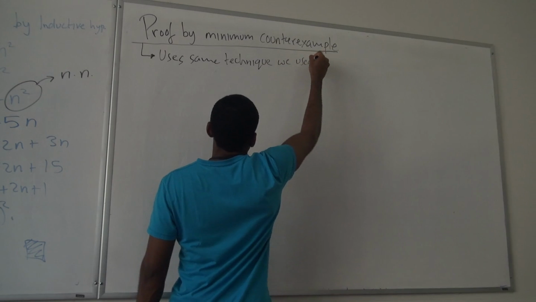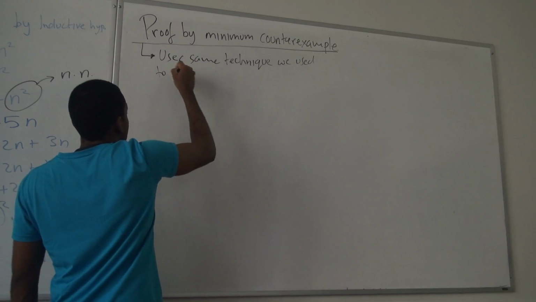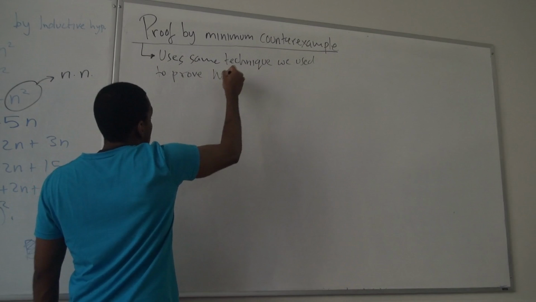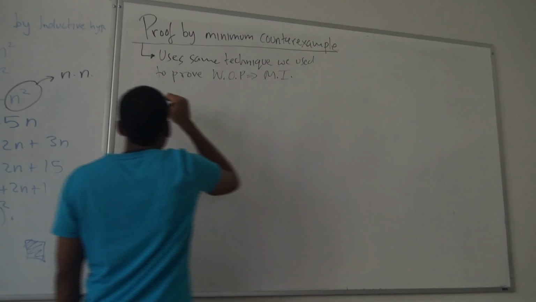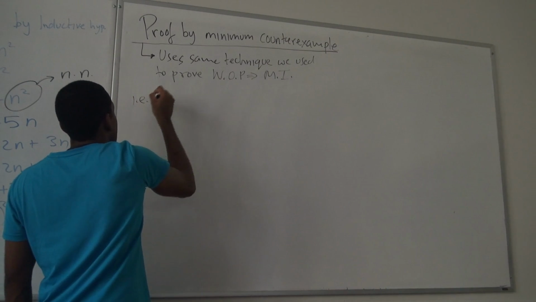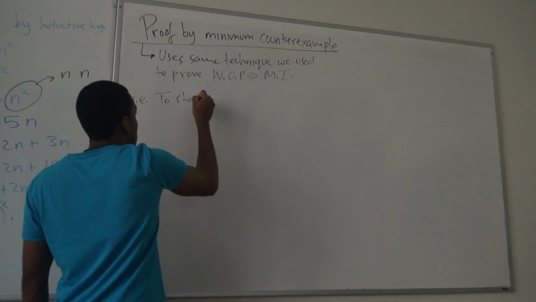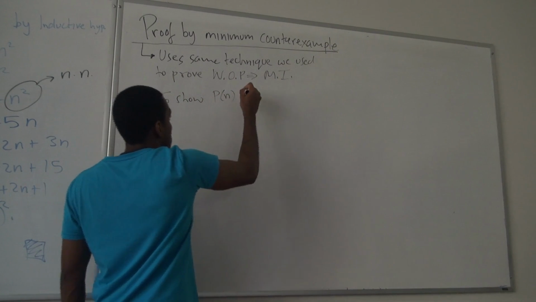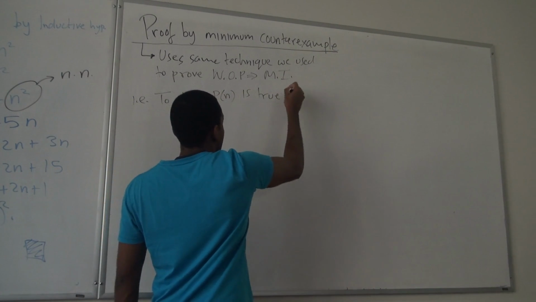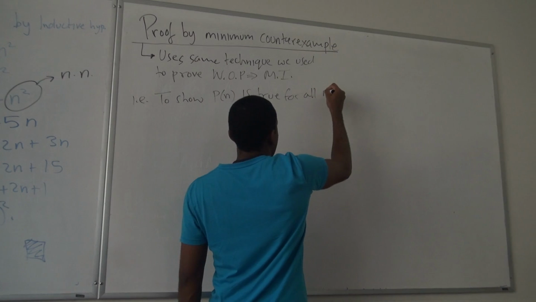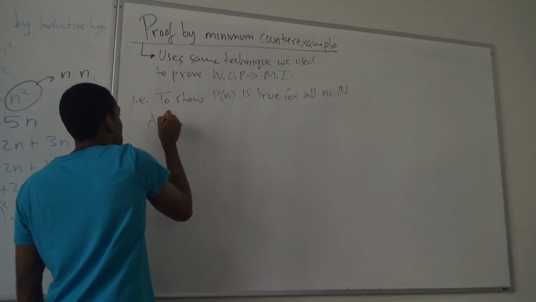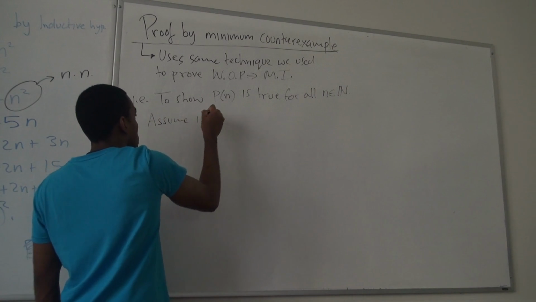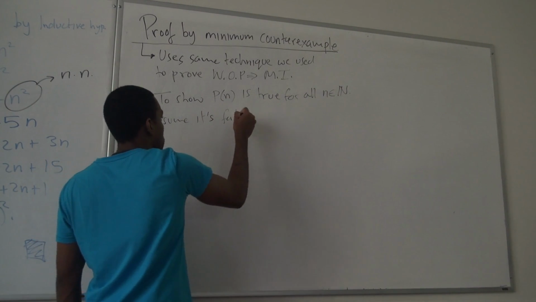we use to prove the well-ordering principle implies mathematical induction, i.e., to show P(n) is true for all n, assume it's false for some n.